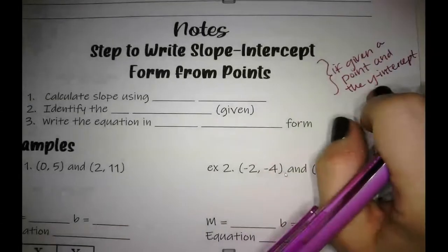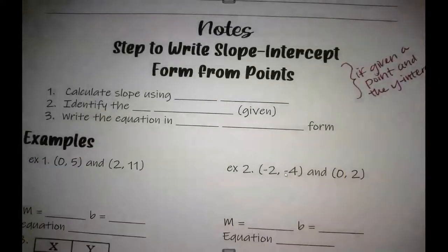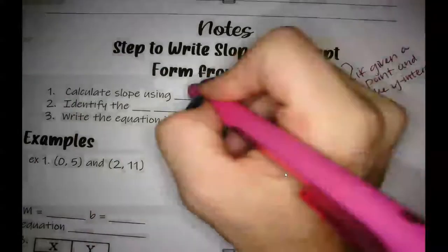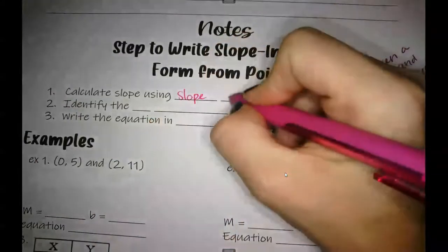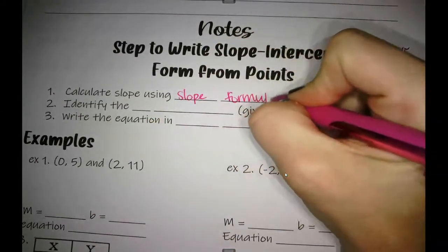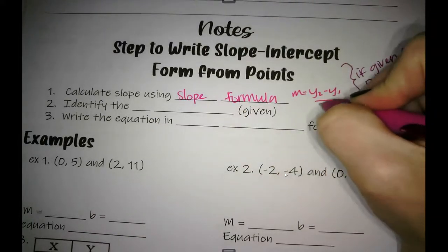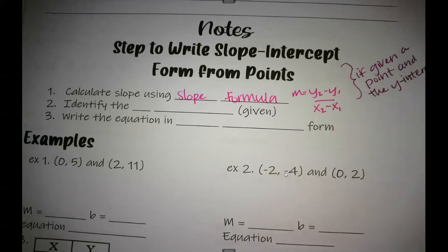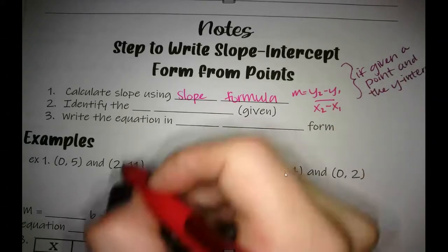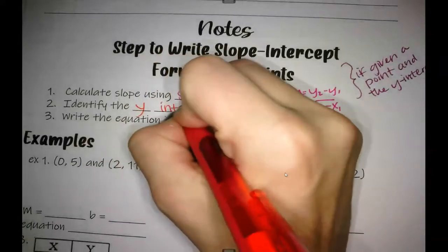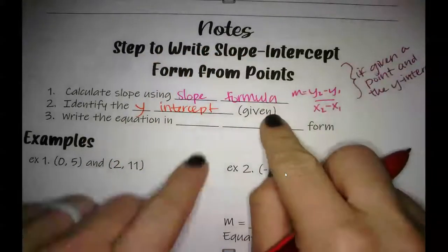And the y-intercept, okay? So we're going to calculate slope using our slope formula. m equals y2 minus y1 over x2 minus x1. And then we're going to identify the y-intercept, which is going to be given to us.